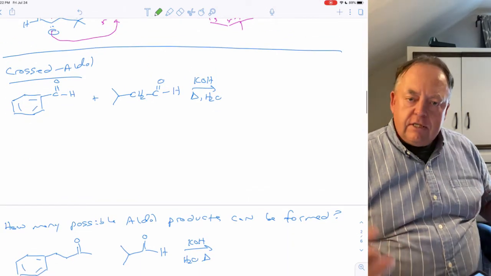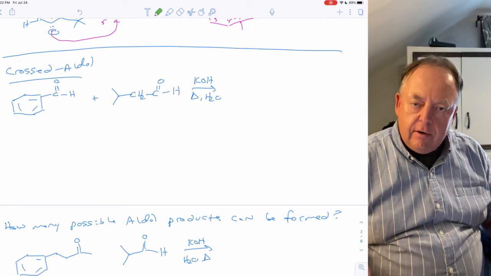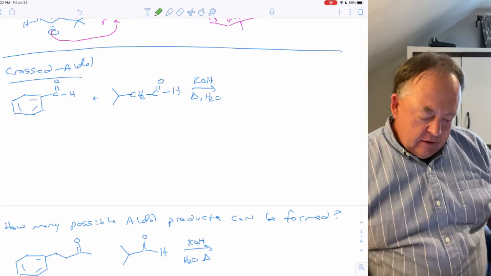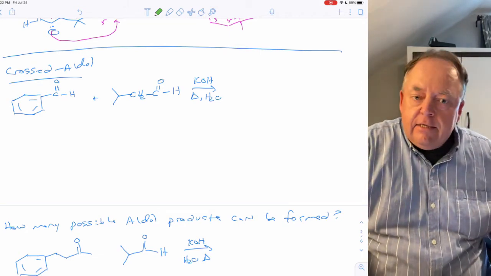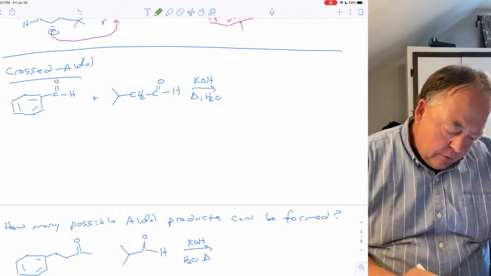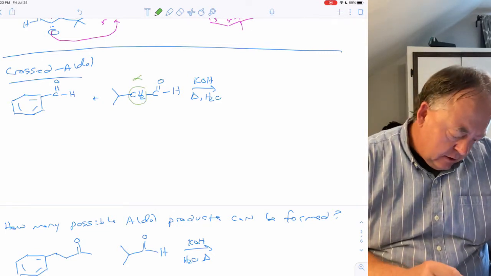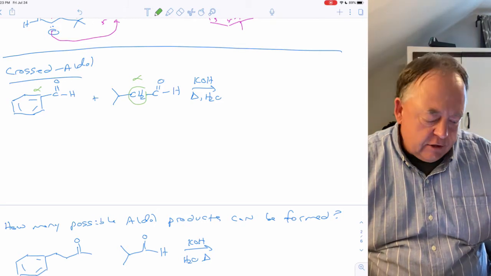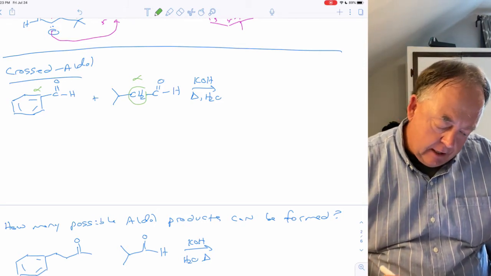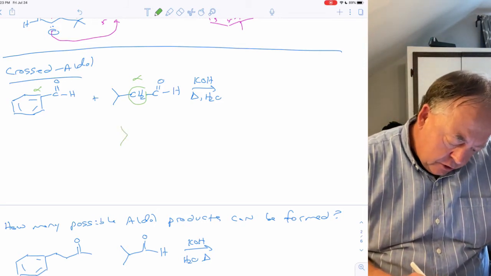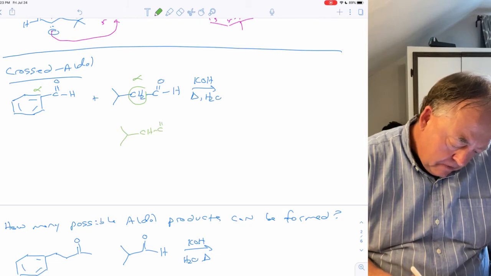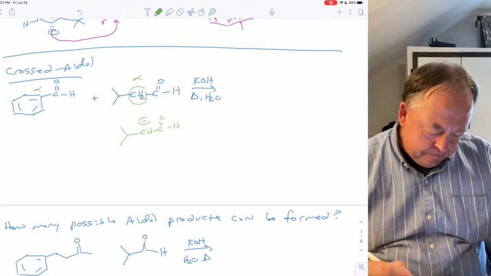Okay, you can do crossed aldols. So if we take two different aldehydes, they can react with each other. So how many places can you make an enolate between these two molecules? Only one, right? That's the only alpha carbon that has hydrogens on it. This alpha carbon does not have hydrogen, so you can't make an enolate there. So the only enolate that you can make is on that position.